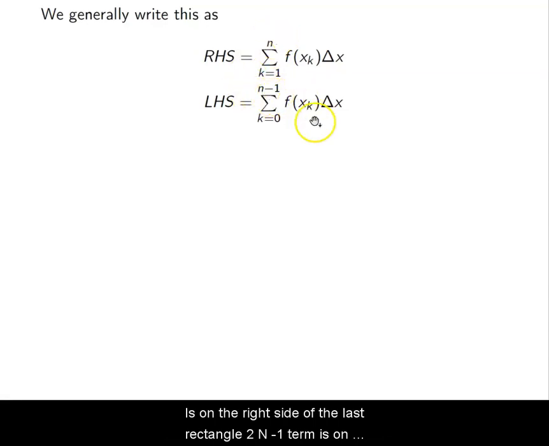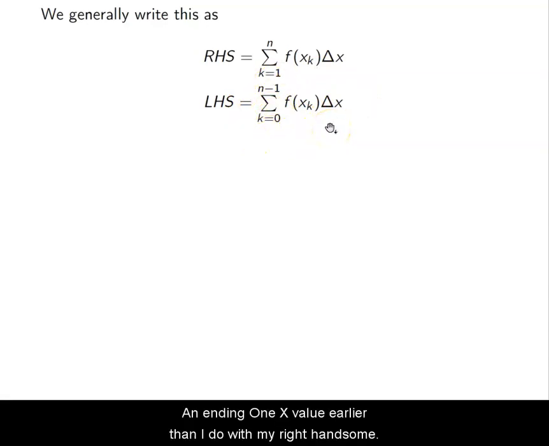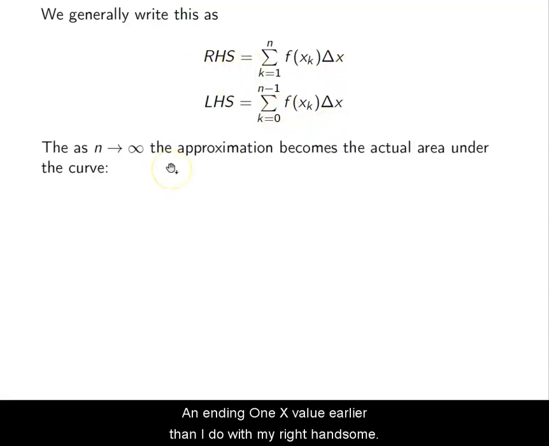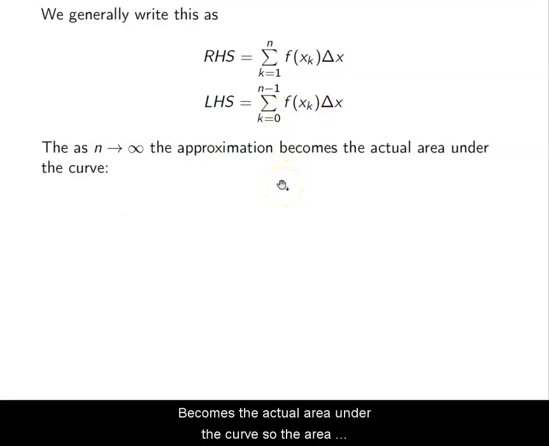The n minus 1 term is on the left-hand side of the last rectangle. So the formula looks the same. I just have to change my indices, so I'm starting and ending one x value earlier than I do with my right-hand sum.